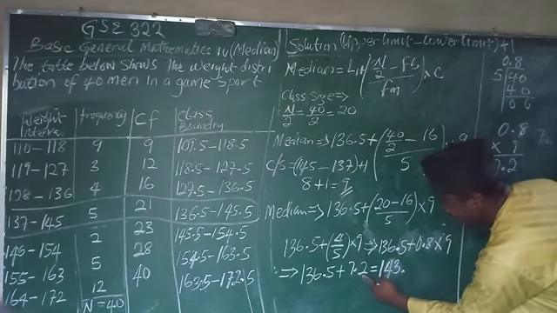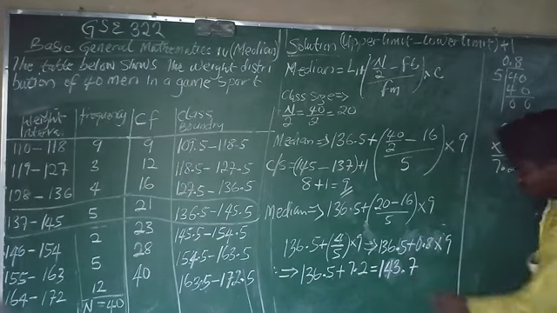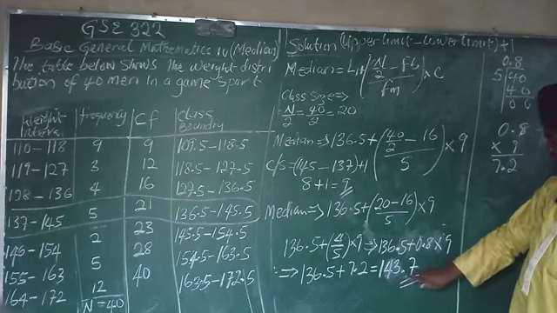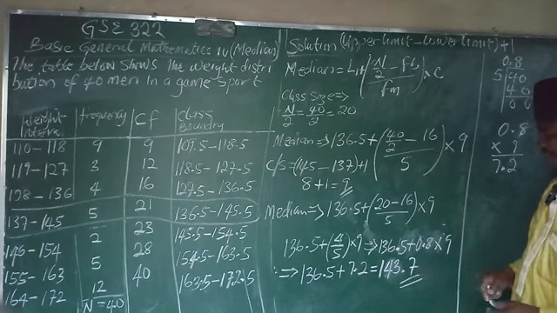Point. Then this 0.2 plus this 0.5 gives us 0.7. 143.7 is the median weight.